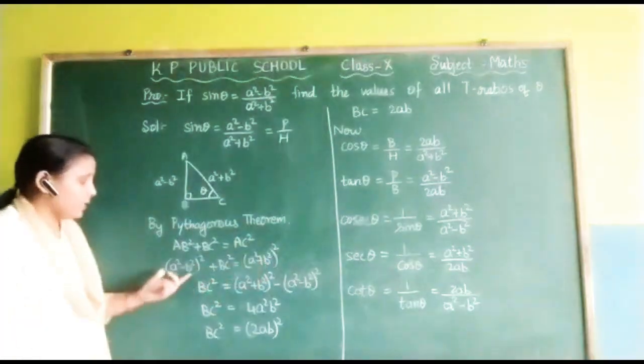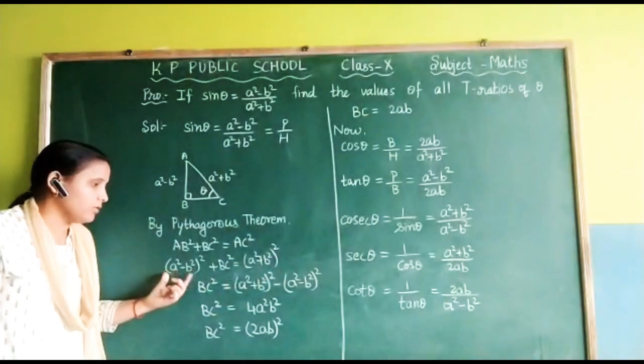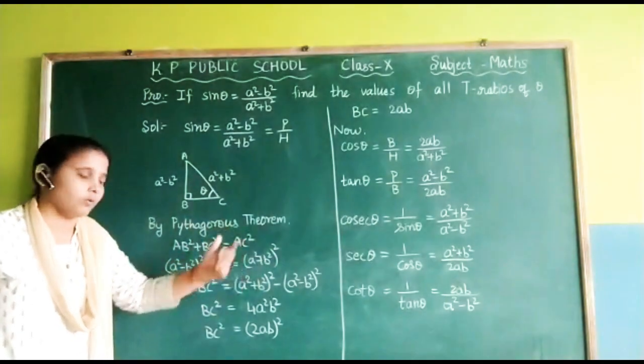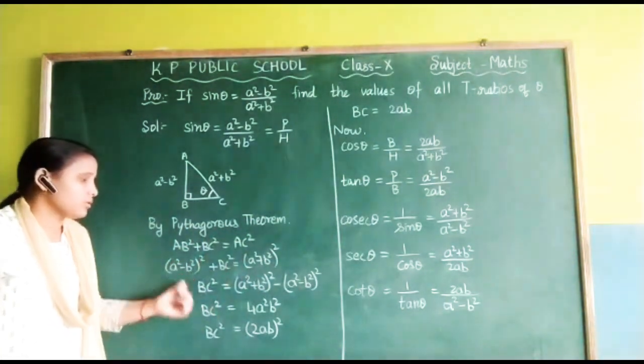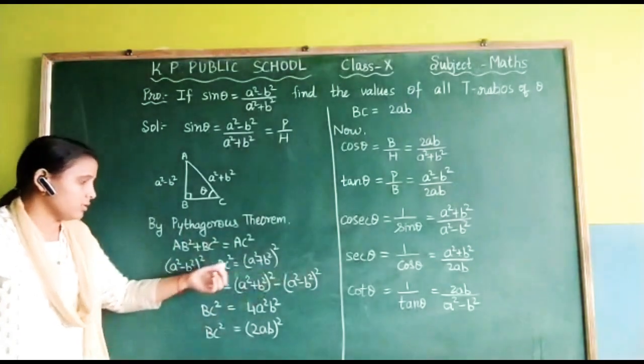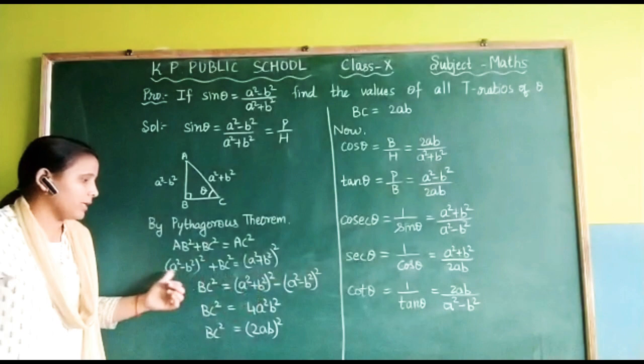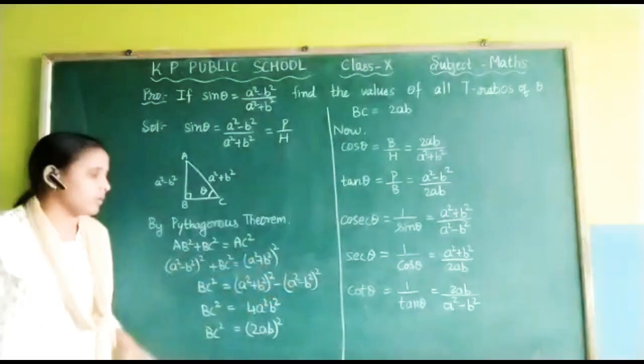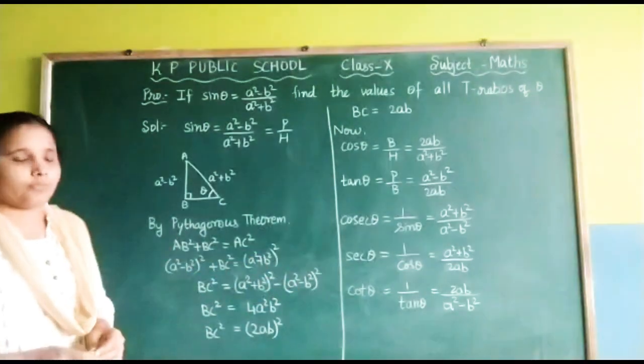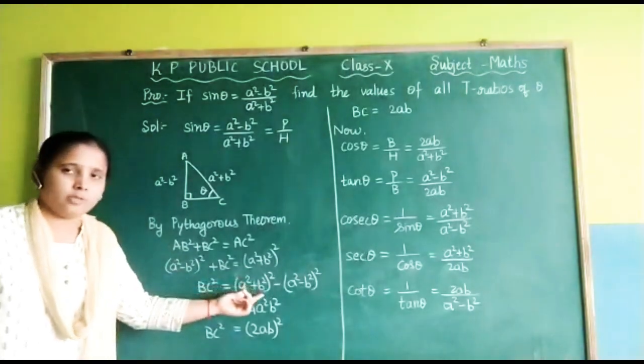Now students, I would like to take this value to the other side of the equals sign. So this is plus here, so it will go minus on the other side. So this will become BC square is equal to (a square plus b square) whole square minus (a square minus b square) whole square. Well students, you can solve it.